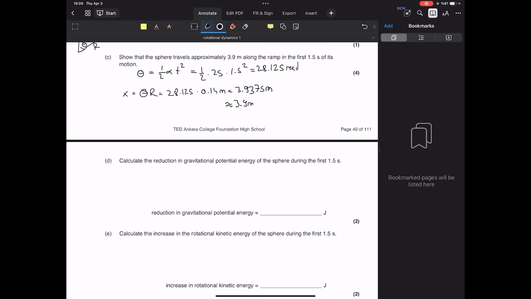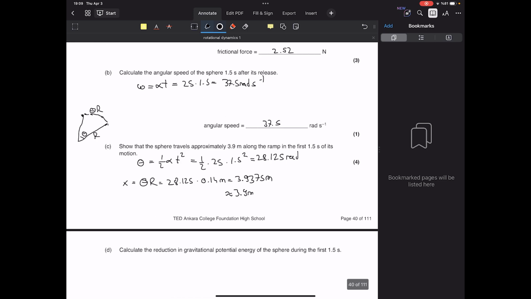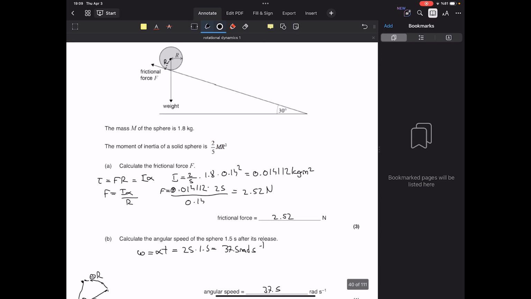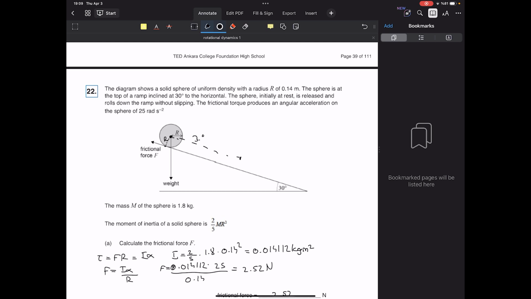next we're asked to find the reduction in the gravitational potential energy of the sphere in the first 1.5 seconds. So now, if the sphere has moved 3.9375 meters, then the reduction in its height is that multiplied by the sine of 30 degrees. So h is going to be 3.9375 times sine 30 degrees.